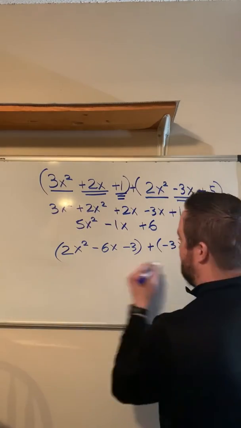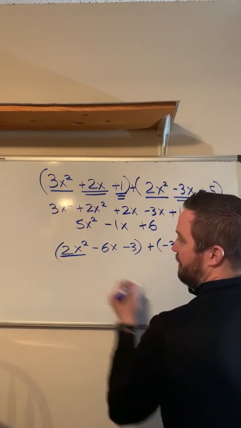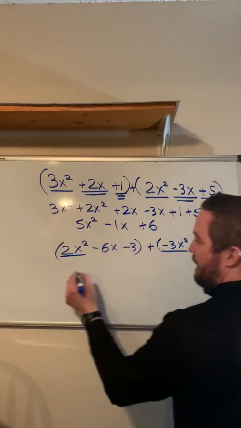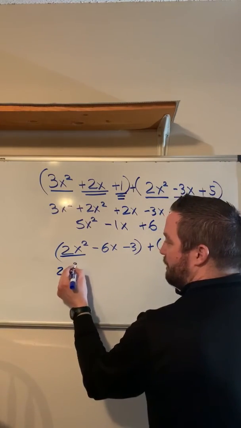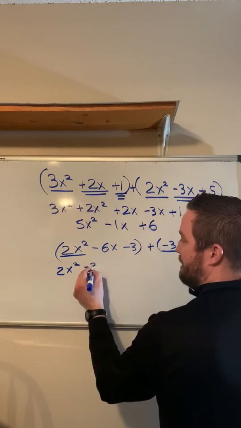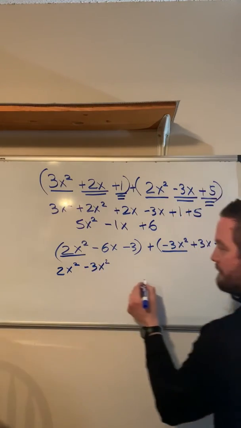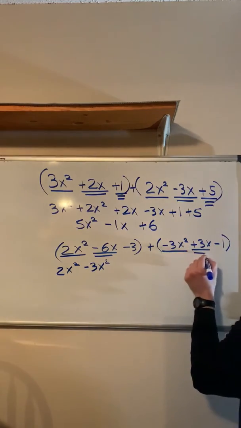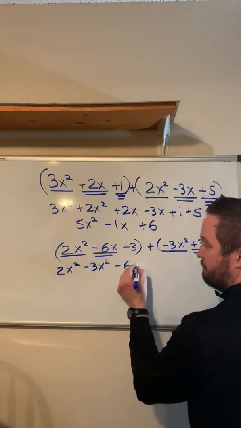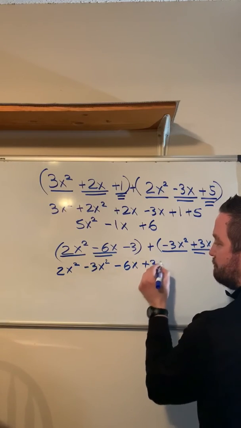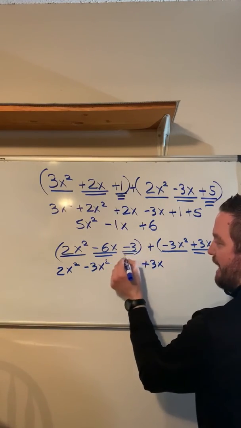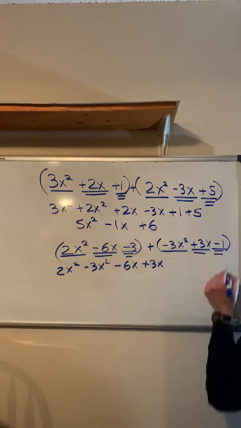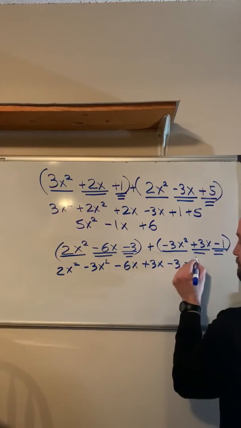Here we do the exact same setup. I've got a 2x squared and a negative 3x squared, and then we're going to add up a negative 6x plus 3x. And then lastly, I've got a negative 3 and a minus 1 more.